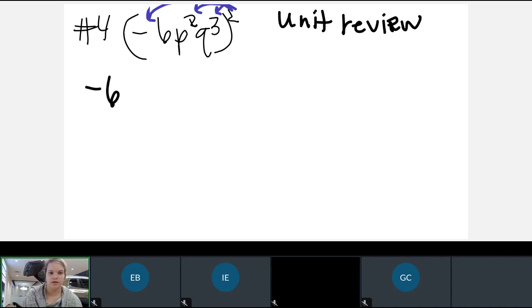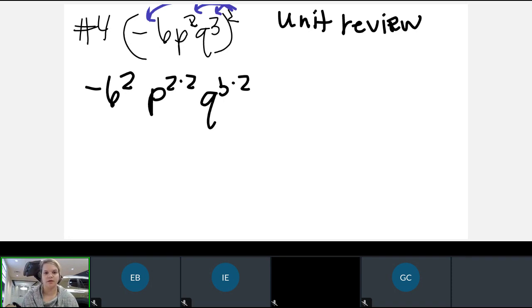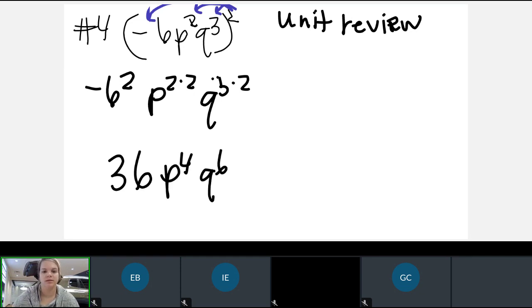All right, so we've got -6 squared, p squared, squared. So we're going to multiply those. And then q to the third squared. So that means we're multiplying also. So -6 squared would give you +36. P to the 4th, q to the 6th.